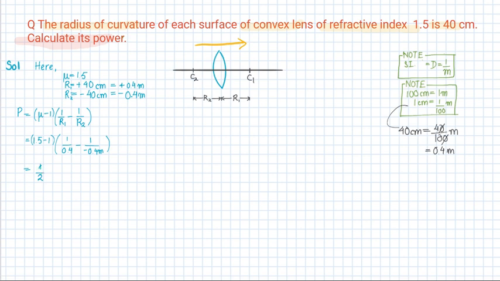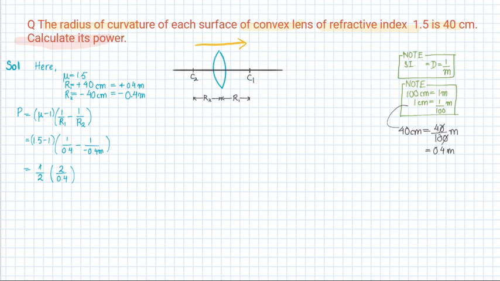Now, look here. What happens? This negative and this negative will become positive. So inside the bracket I'll have 1 upon 0.4, minus and minus becomes plus, 1 upon 0.4. Now, what is 1 upon 0.4 plus 1 upon 0.4? It equals 2 upon 0.4.